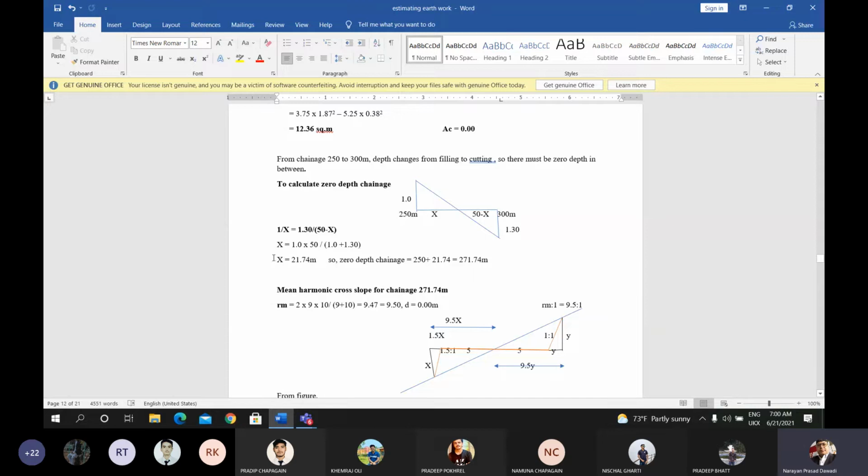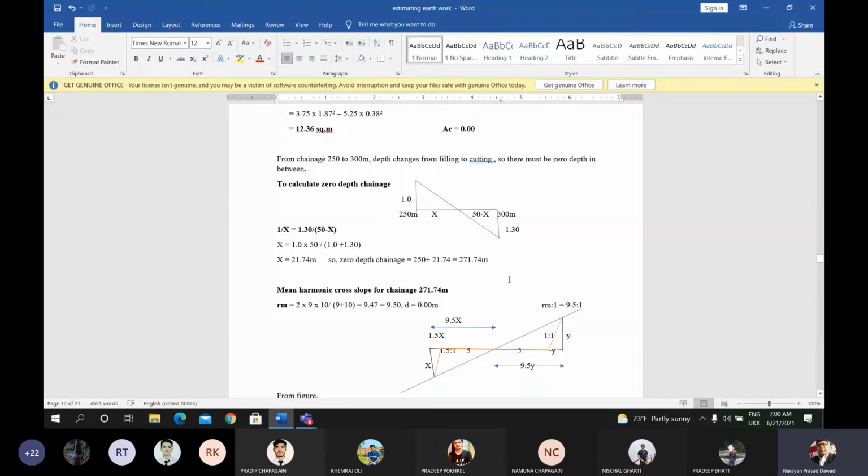You will get the value of x as 1 into 50 divided by 1 plus 1.3, which is 21.74 meter. The chainage of d equal to 0 will be 250 plus 21.74, so the d equal to 0 chainage will be 271.74 meter.